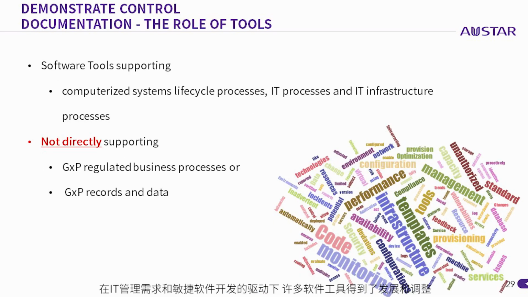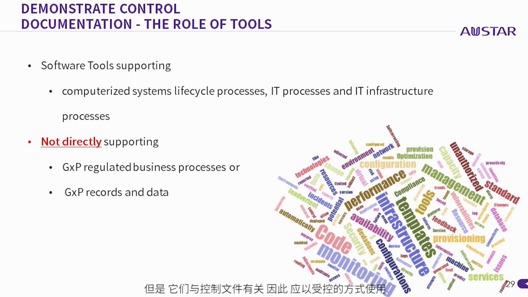Driven by IT management needs and agile software development, many software tools have been developed and adapted. They are helping in keeping an inventory of IT assets or managing requirements and tasks in software development. However, these tools do not directly support GXP-regulated business processes and do not store or process GXP records and data.